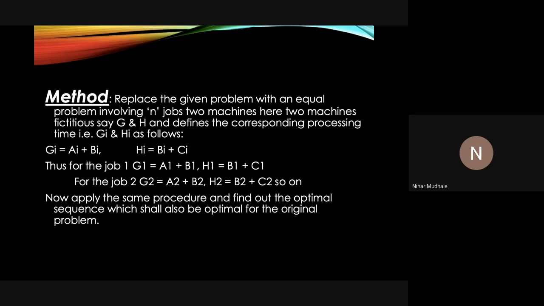Thus for job 1, G1 is equal to A1 plus B1, and H1 is equal to B1 plus C1. Similarly, for job 2, G2 is equal to A2 plus B2 and H2 is equal to B2 plus C2. The numbers vary as per the jobs given. Now apply the same procedure and find the optimum sequence, which shall also be optimal for the original problem.